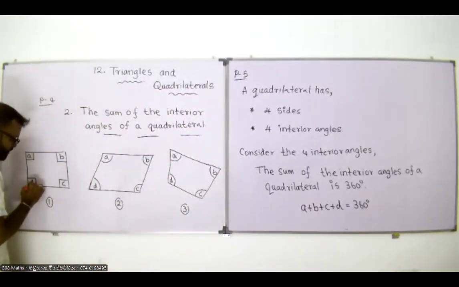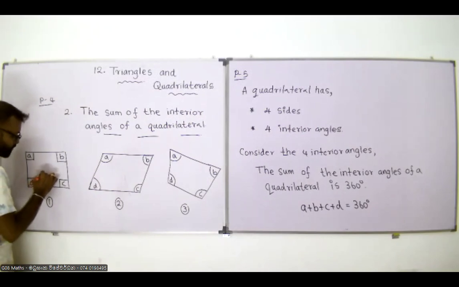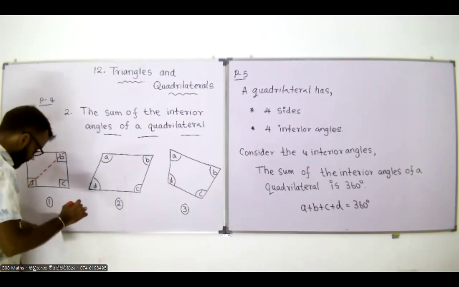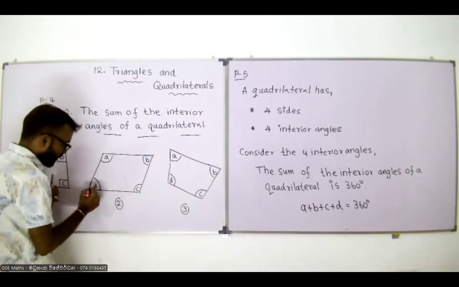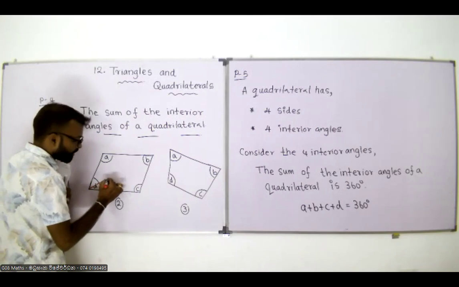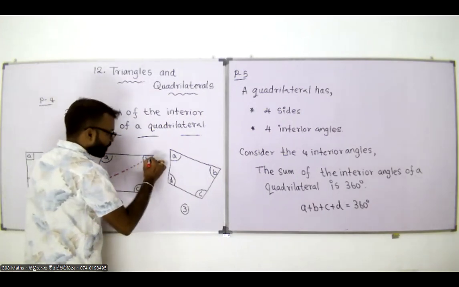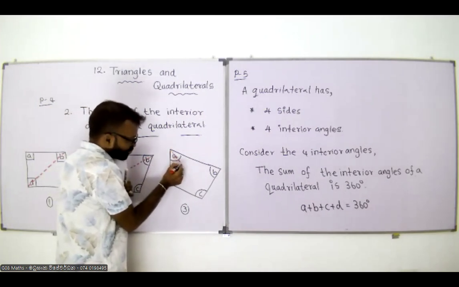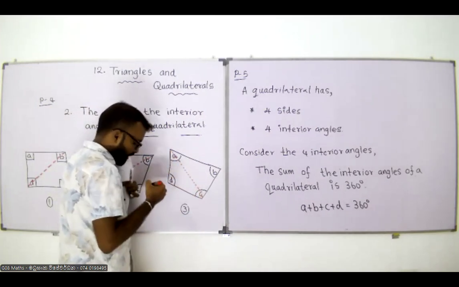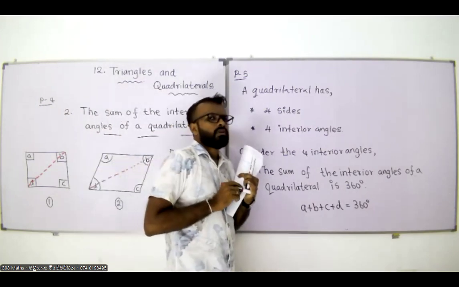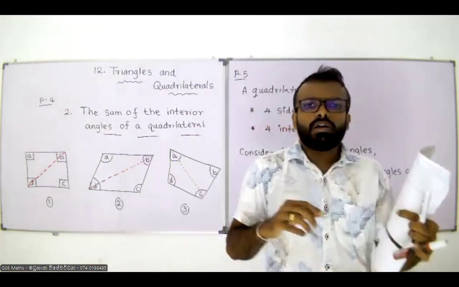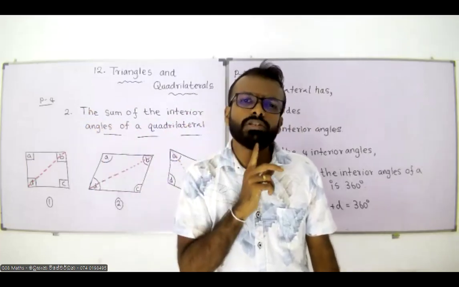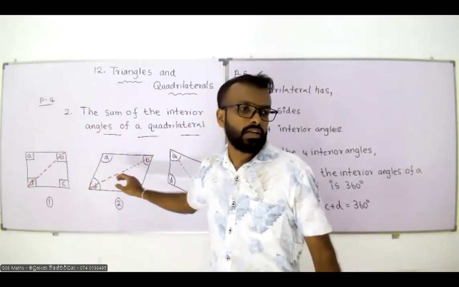I have marked it using a dash line, and also in the second figure I have marked a diagonal like this. Now, on either side of the diagonal, how many triangles can you see in each and every figure?